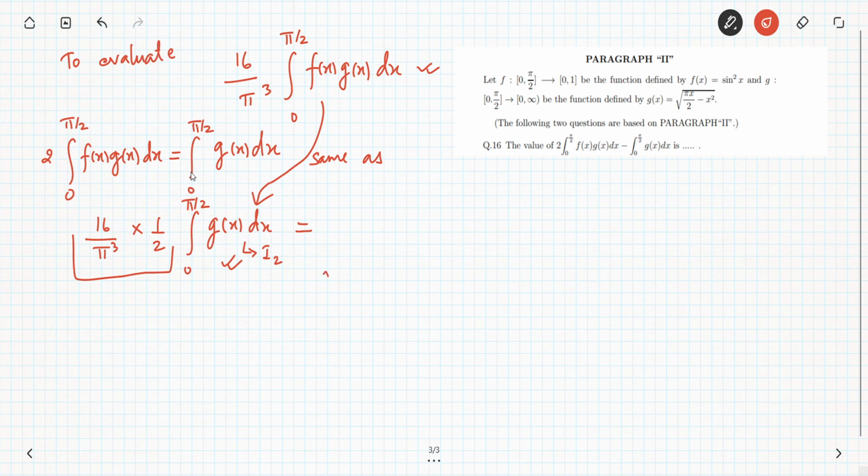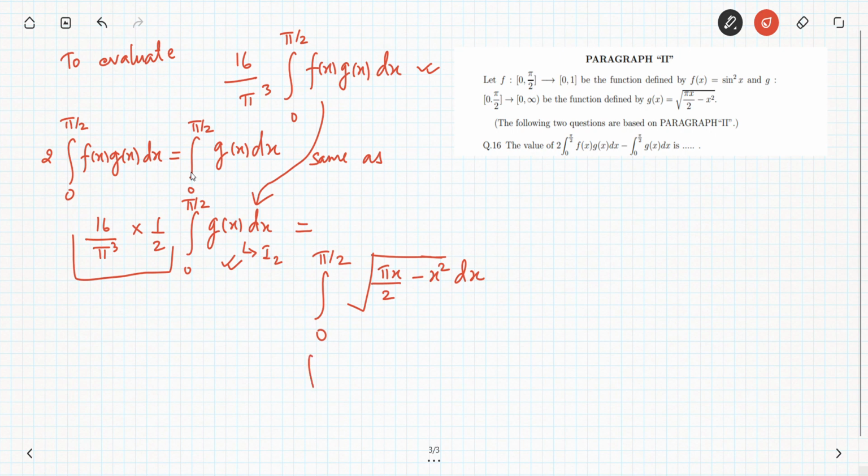So my I2 will be 0 to pi by 2 root under pi x by 2 minus x square dx. Okay, now for evaluating such integrals we often have a ready-made thing that should come to our mind, which is to make it into a form of squares.